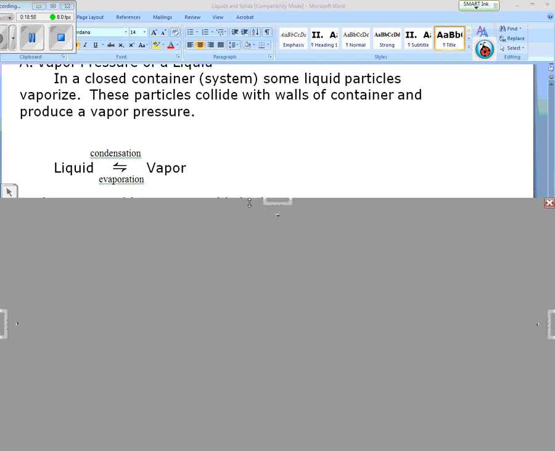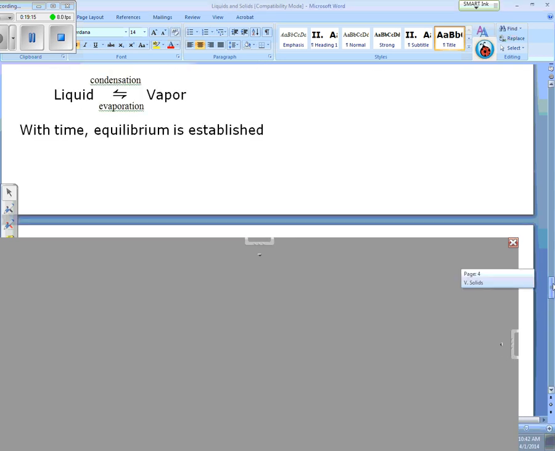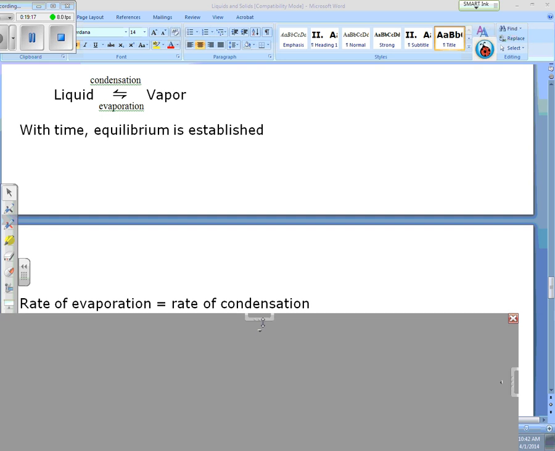You have liquid going to vapor, evaporating into vapor, and vapor going into condensation. You see that double-headed arrow? That is equilibrium. And it will establish after a little while. And what happens with equilibrium is you have equal rates. And that's what's equal about equilibrium. Rate of evaporation is equal to the rate of condensation.